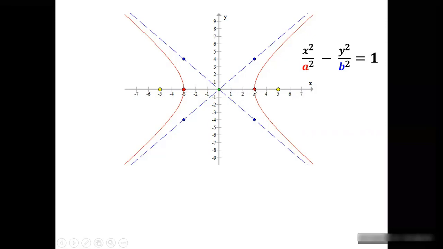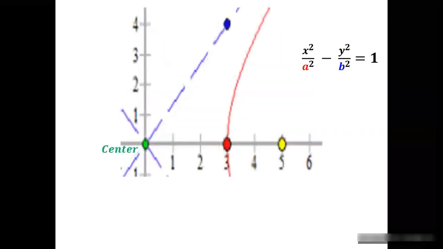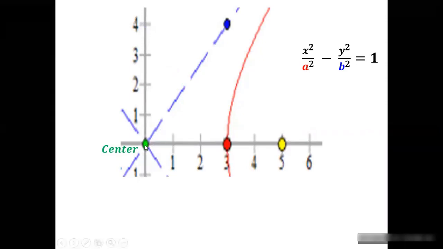Now what we're going to do in order to come up with a formula to find this focus distance is that we're going to zoom in on just one small piece of the graph. And so now we're going to take a look at that piece, recognizing that the center is this green dot. And now we can see that the red dot is our vertex of our hyperbola, and this yellow dot is going to be called our focus.